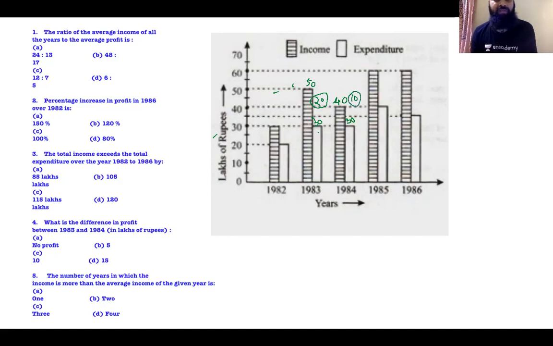So the difference in the profit will be 20 lakhs minus 10 lakhs, which is equal to 10 lakhs.